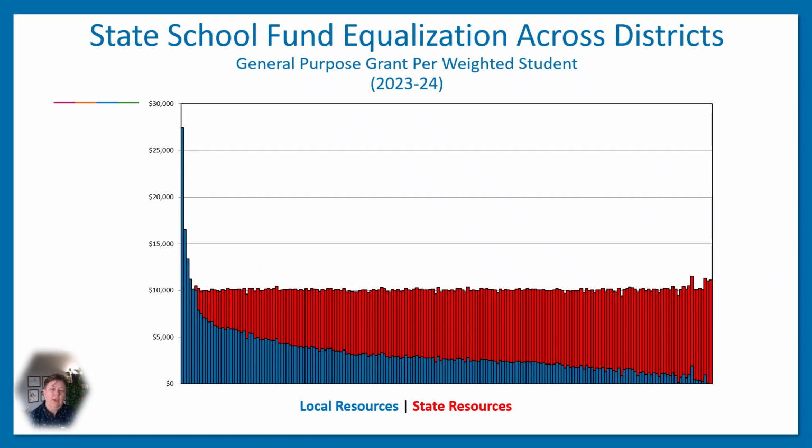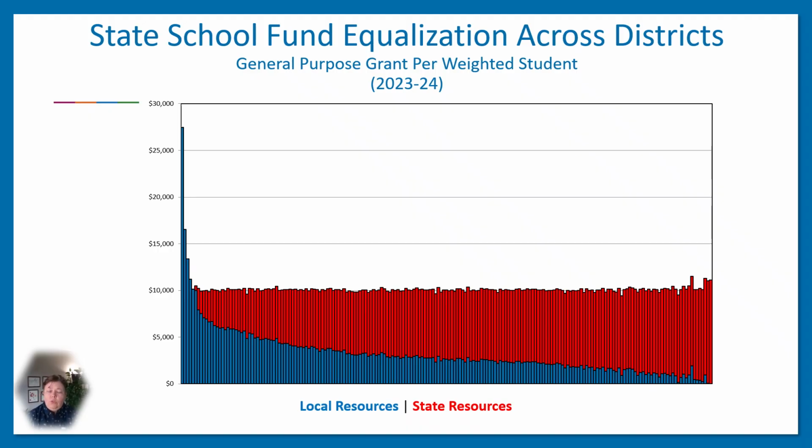Now this next slide is an interesting one because it gives a really good picture of the equalization component of the philosophy that I mentioned earlier. So what you see here, there are 197 bars across this slide. That's one for each school district in Oregon. The blue portion of the bar is the portion of local resources that district receives.